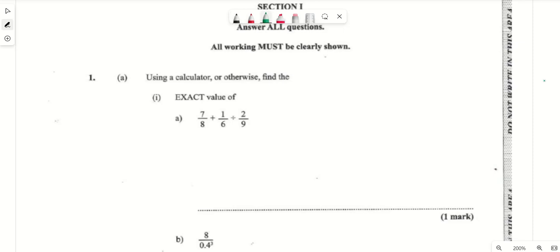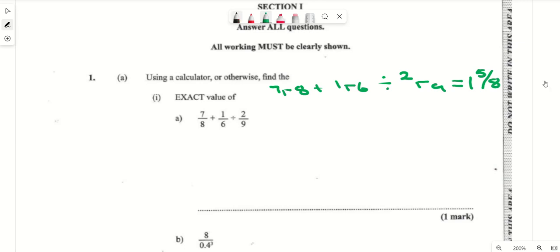I'll put it in green. 7 and the ABC button over 8 plus 1 over 6 divided by 2 over 9. And you're going to get an answer of 1 and 5 over 8, which is the answer.